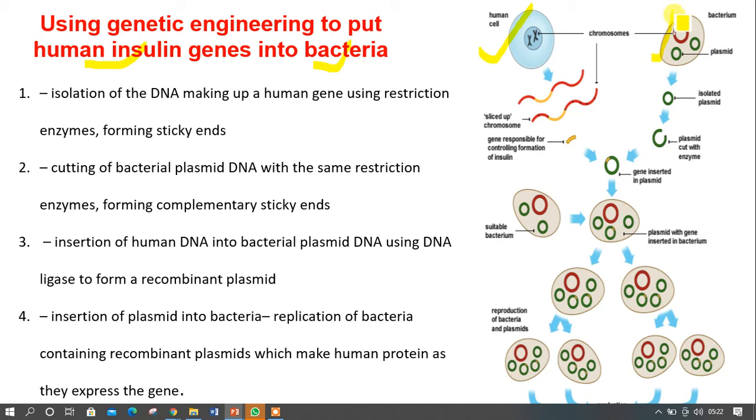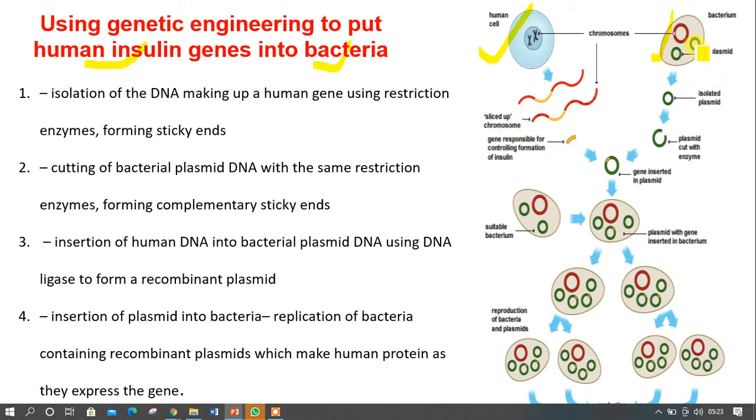And inside the bacterium, they contain plasmid. So remember, I said plasmid is the useful organelle in the bacterium that helps in genetic engineering. So the gene coded for production of human insulin can be isolated using restriction enzymes, which also help to form sticky ends.